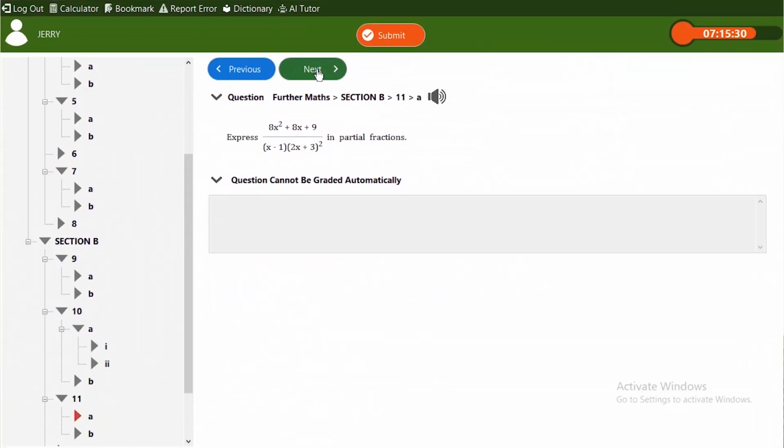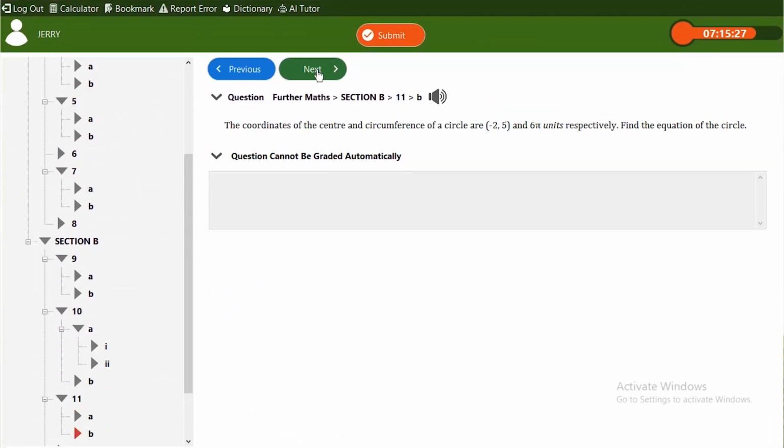That's 11a. 11b. The coordinates of the center and circumference of a circle are minus 2 and 5 and 6 pi units, respectively.